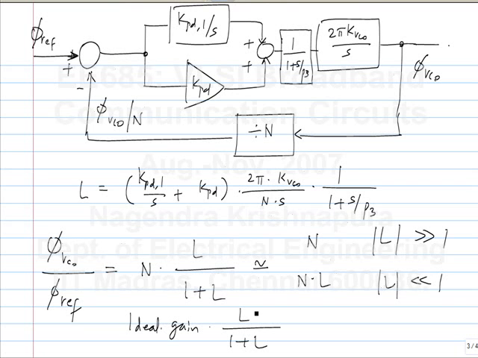Okay. So essentially it follows the loop gain itself when the loop gain is very small. It follows the feedback factor when the loop gain is very large. So this is a simple way of, if you plot the loop gain, then you can plot the closed loop gain in a pretty simple way.